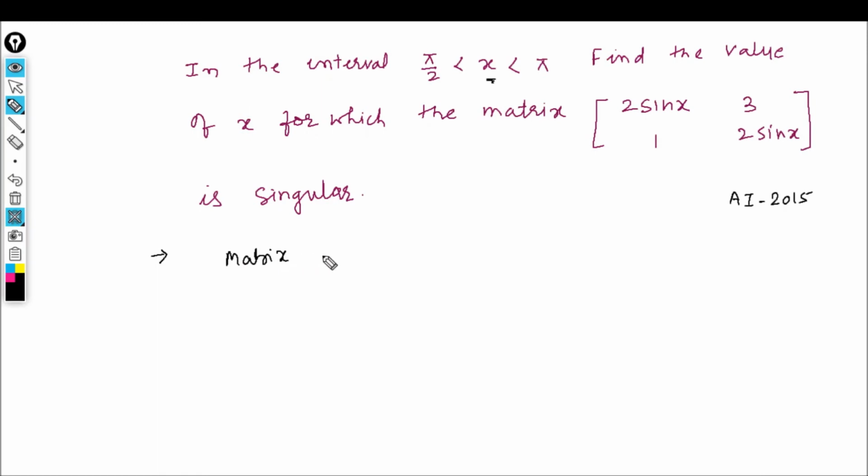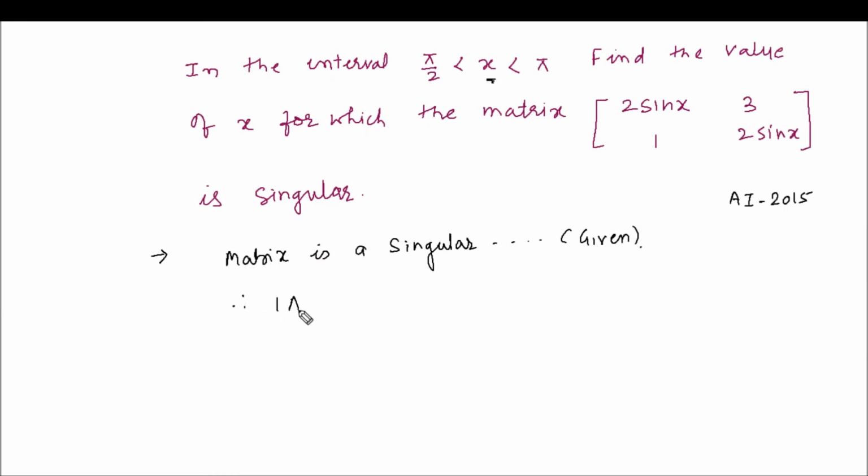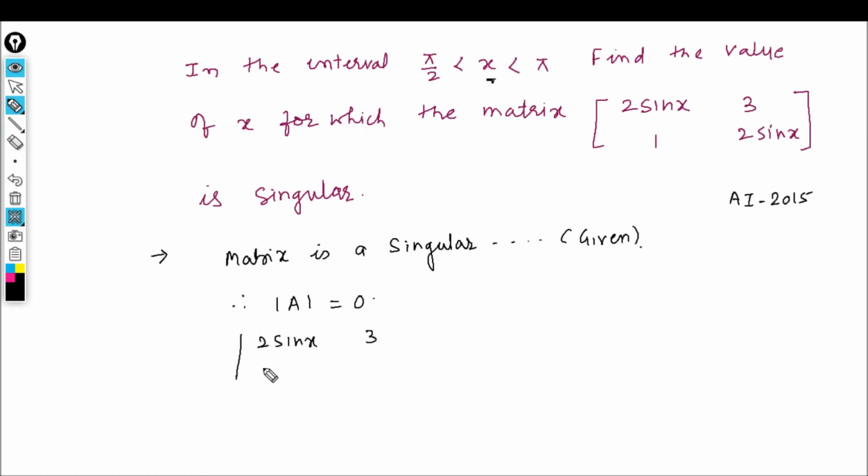So let us take here matrix is singular, it is given, therefore determinant of A is equal to 0. That means determinant of 2 sin x, 3, 1, 2 sin x is equal to 0.